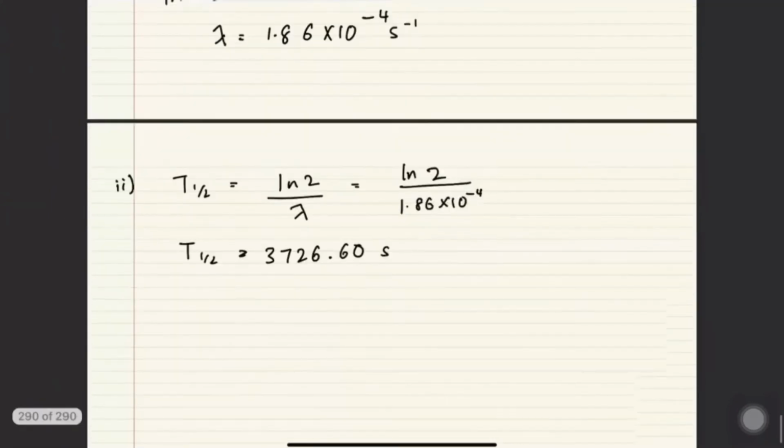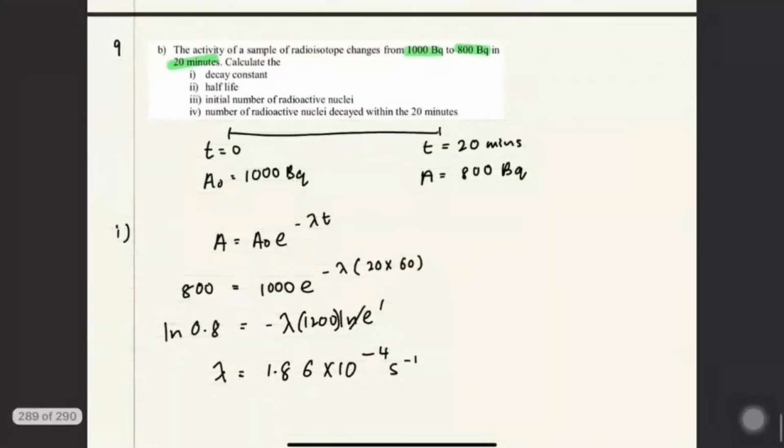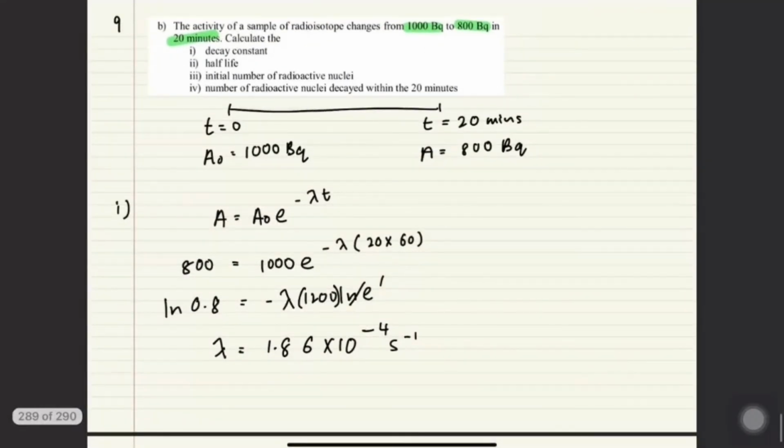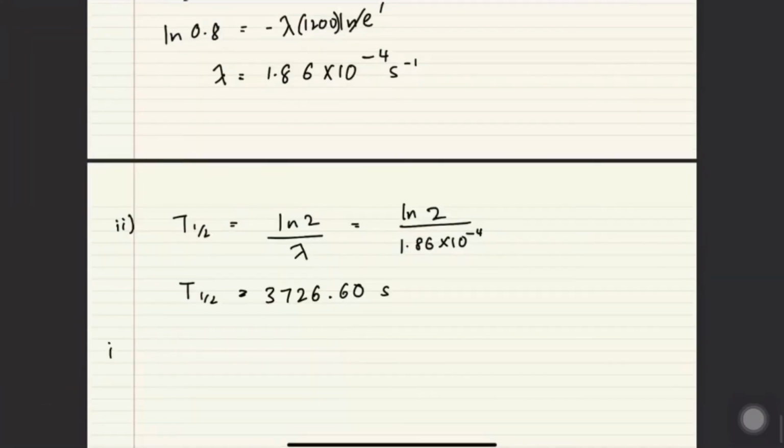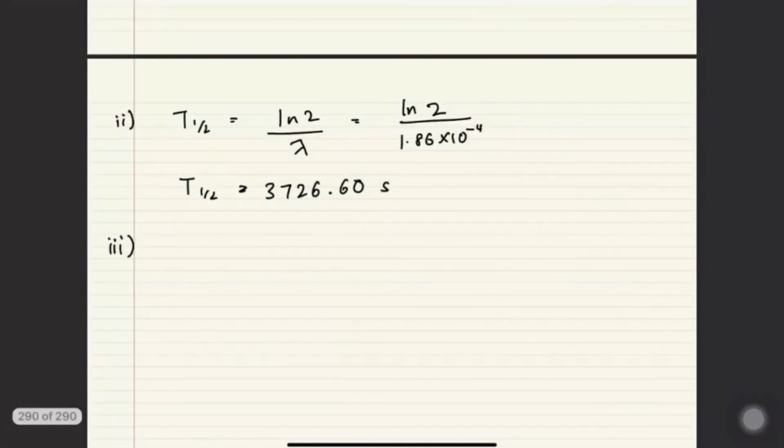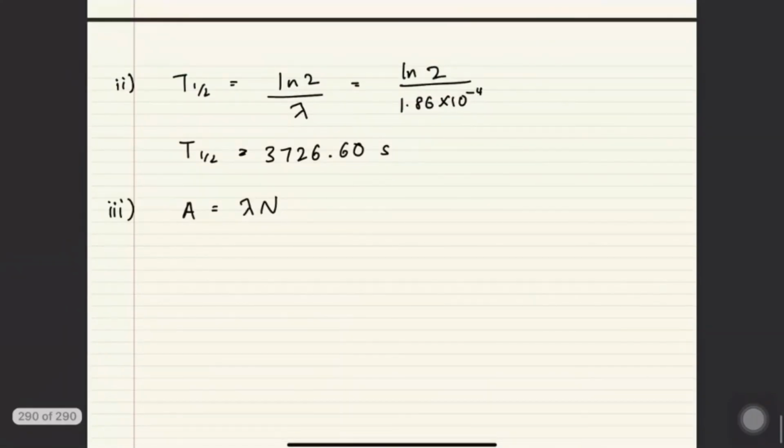Okay. And then the third question, dia kata initial numbers of radioactive nuclei. Okay. So, now, macam saya cakap lah, the only relation between A dengan N is this equation. A is equals to lambda N. Dia ada negatif kan, tapi negatif kita ignore. Okay. So kalau kita nak cari N knot initial, kita letak knot dekat dua-dua side lah. Jadi A knot dengan N knot.